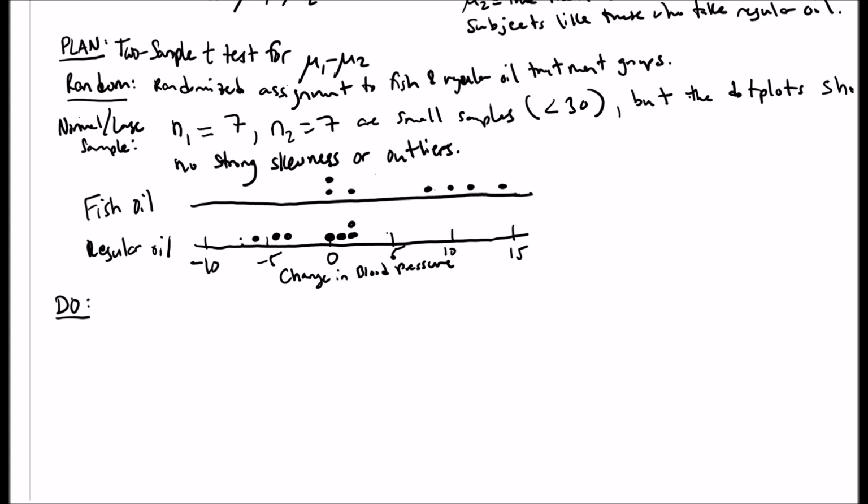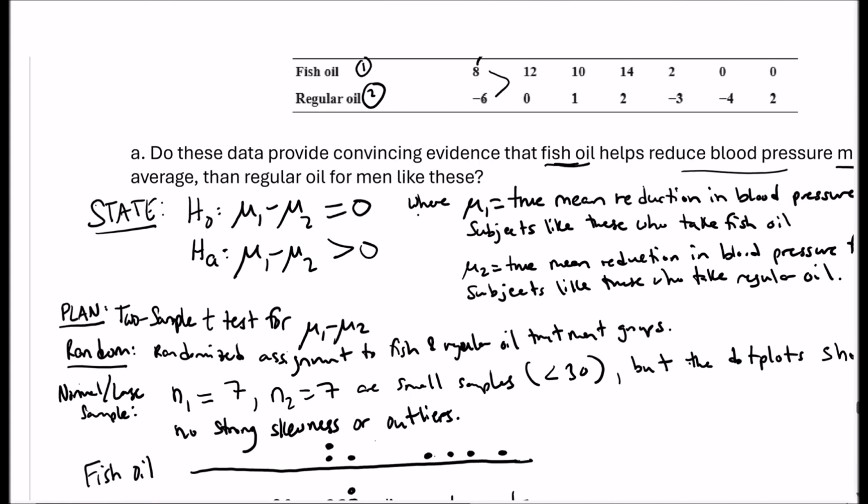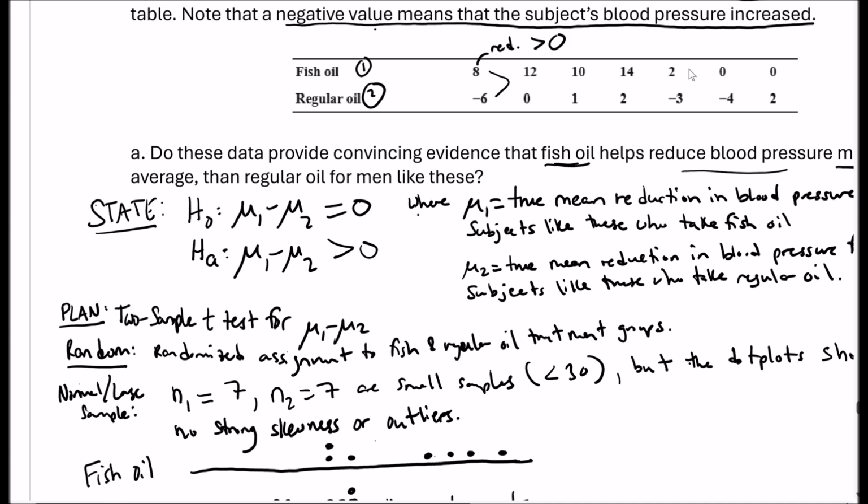All right, so we need to calculate x bar 1, x bar 2, and sx1, sx2, and we're going to need to do it separately. It's probably better to just run a 2-sample t-test and get all these values. So that's what we're going to do.